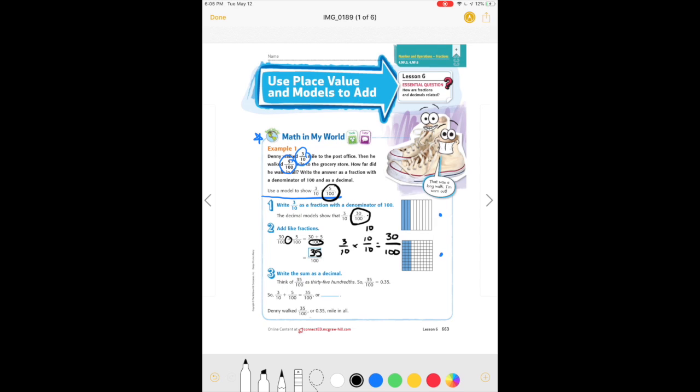Think of 35/100 as 35/100. So we have 0 wholes, and then we have 35/100. So 3/10 plus 5/100 equals 35/100, or 0.35. So Denny walked 35/100, or 0.35 miles in all.